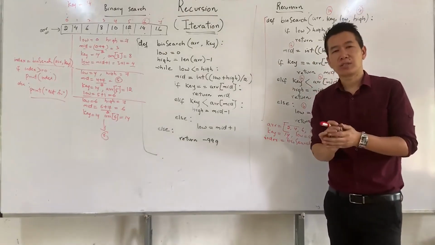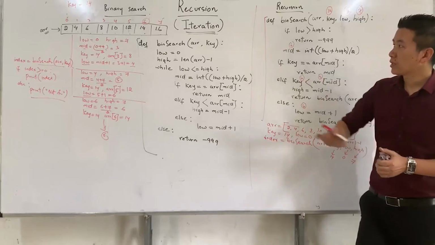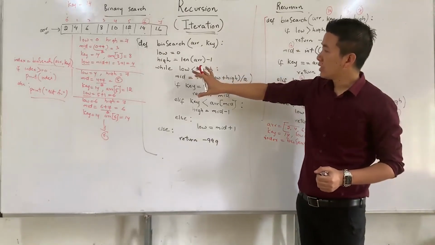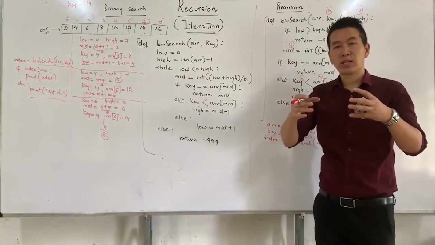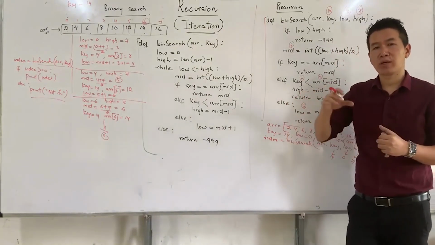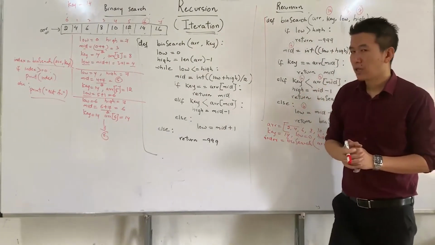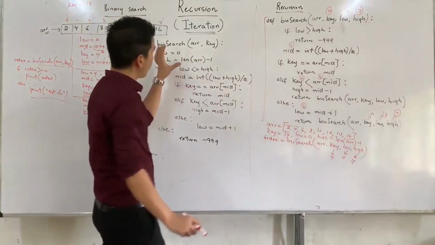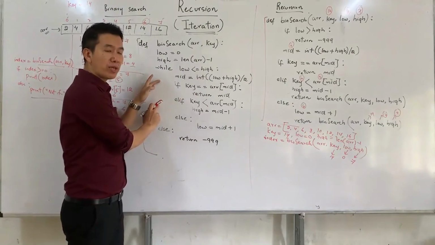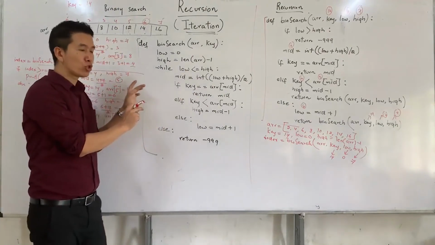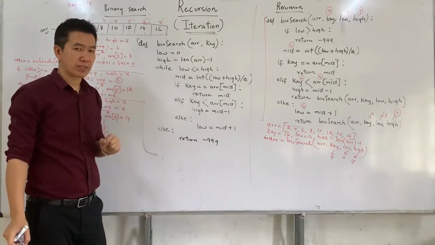The third important difference is that iterative programs are much less costly from the memory point of view. Remember, in iteration, there will be just one block of memory used for the variables.